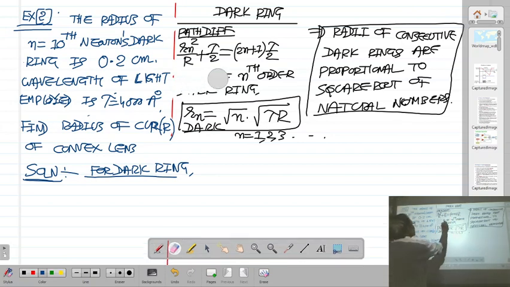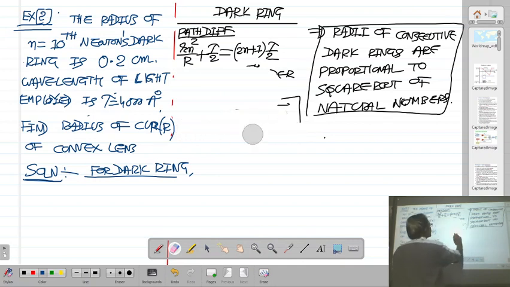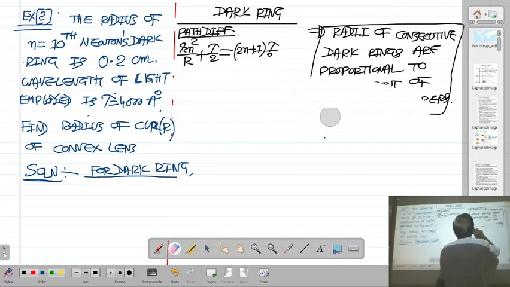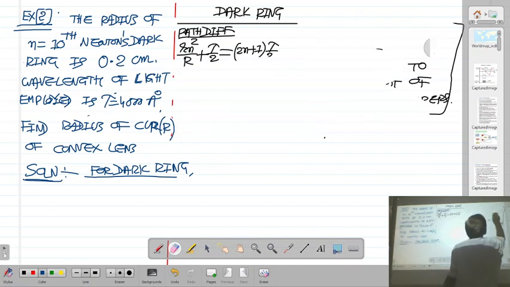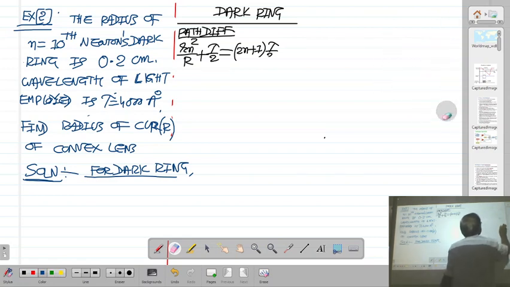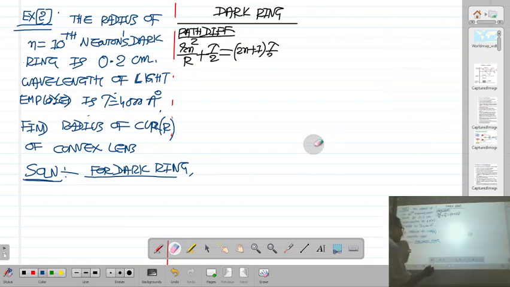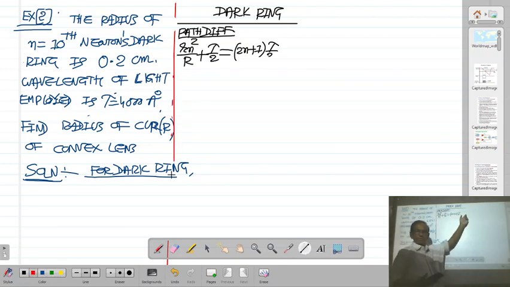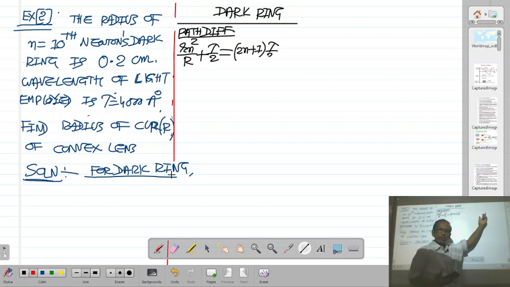So for the dark ring, the path difference r_n² upon R plus λ/2 is not nλ but (2n+1)λ/2. For the bright ring, the path difference r_n² upon R plus λ/2 is nλ. But for the dark ring it is (2n+1)λ/2. At that point destructive interference will occur, and all those points will appear dark.